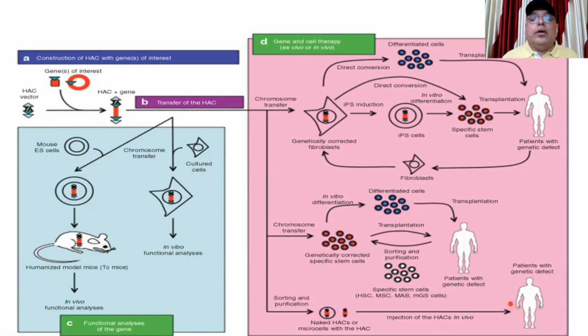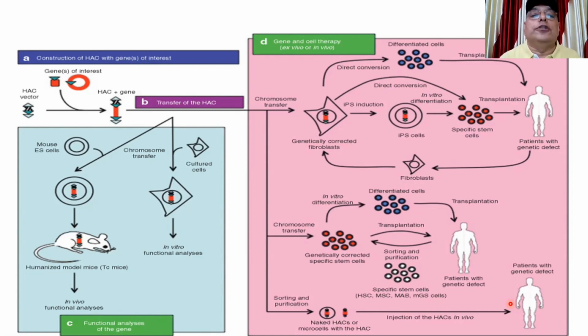So the human artificial chromosomes, you can say, are a big leap in the delivery system. At this moment of time, you can say that they are an ultimate leap in the gene delivery system.